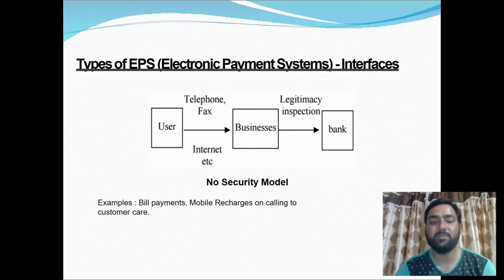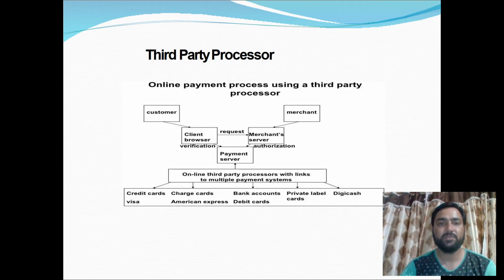For example, bill payments, mobile recharges, on calling customer care. You have a facility where you just call customer care and get your recharge done, get your bill payments done. So these are the methods where no security or very basic security mechanisms are being used.